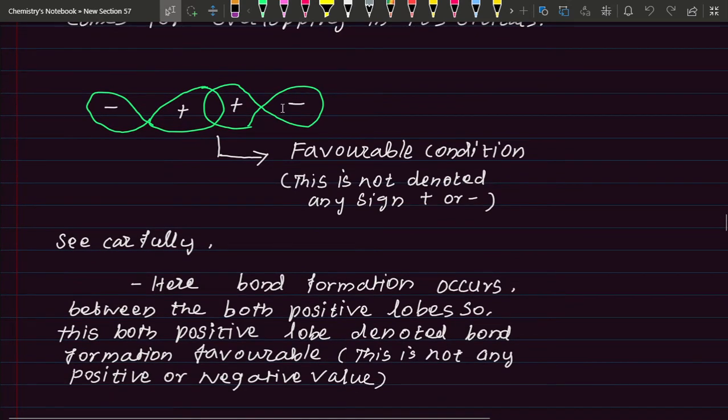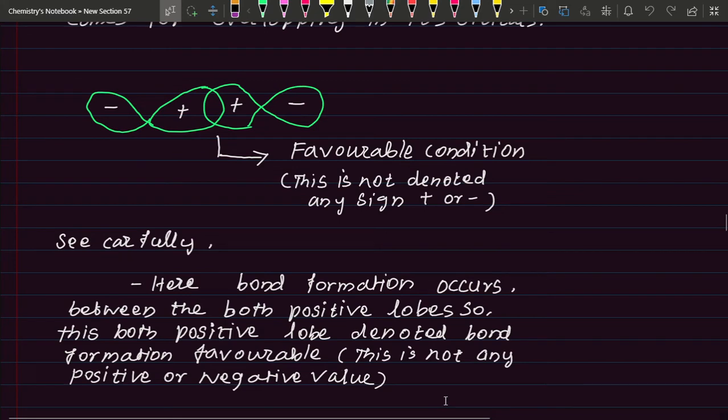This is 1 lobe, 2 lobes, 3 lobes, 4 lobes. This is both positive lobes. So both positive lobes denote bond formation is favorable. This is not any positive or negative value. Please keep it in mind.